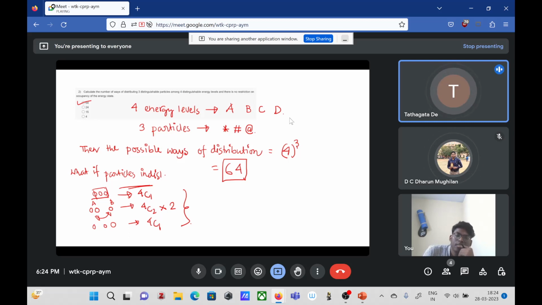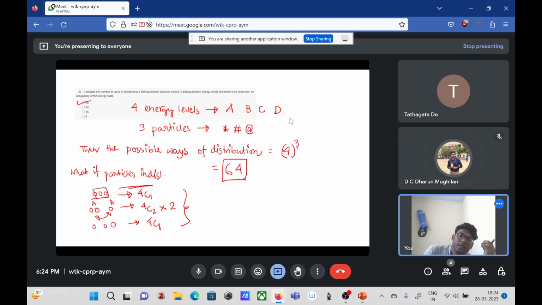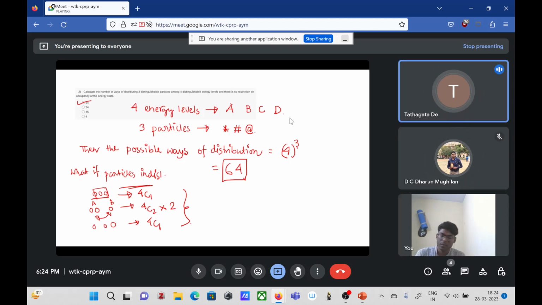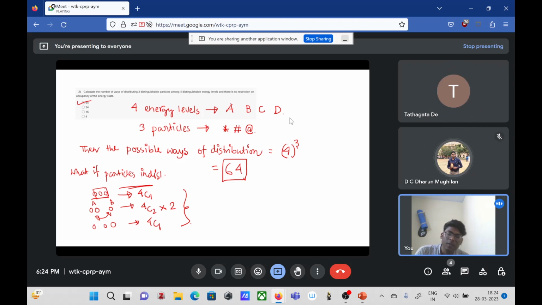In case of a coin toss, the outcomes are only 2, and as coin tossing is a single event, the exponent is only 1. So here also, since there are 3 particles, it comes out to 3. So just in a nutshell, what Tathagata said is quite right.